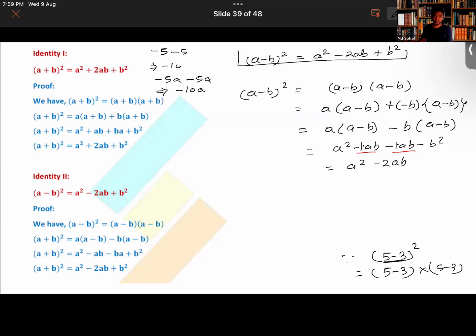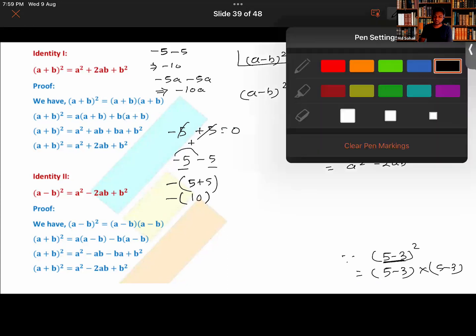If you have values like minus 5 plus 5, then the minus and plus get cancelled and we get 0. But look here, minus 5 minus 5: the minus sign basically shows that the operation between 5 and 5 is going to be addition. So 5 plus 5 is 10. The minus sign is going to remain there since both the values have the same sign, that is minus. That is clear?